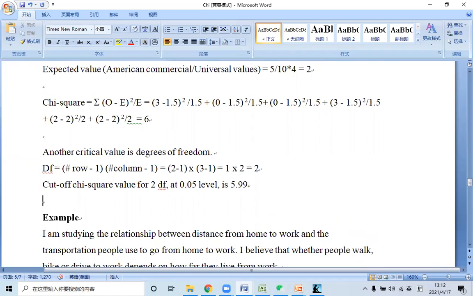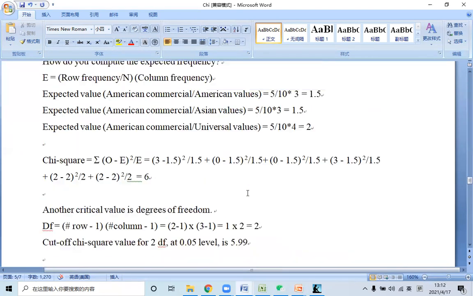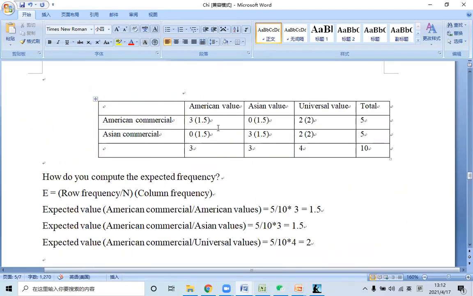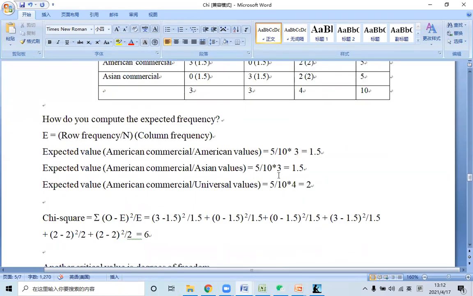And then you compare your statistic, that is 6, with 5.99. And you find that it's larger than 5.99. You can say we reject the null hypothesis. We believe that the proportion of American values and Asian values in the American versus Asian commercials are not the same.